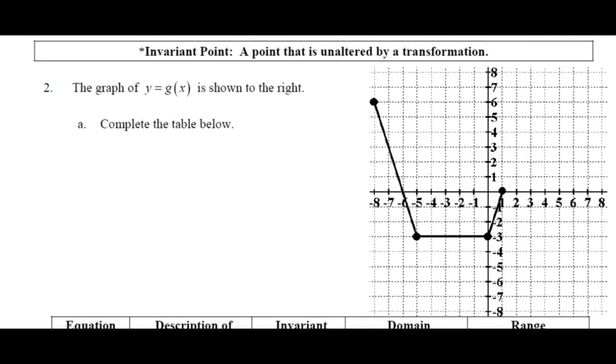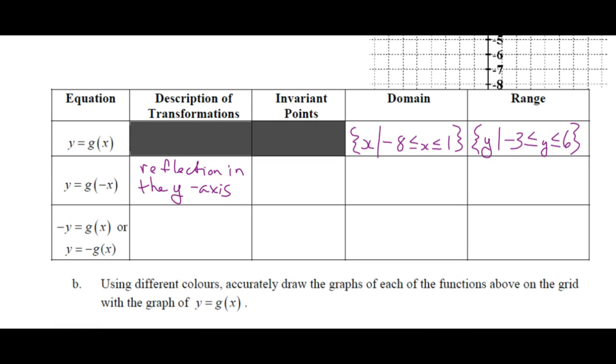So this -8 goes to +8. This +1 goes to -1, so our new domain is from -1 to +8. And what happens to our range when I reflect in the y-axis? Nothing.